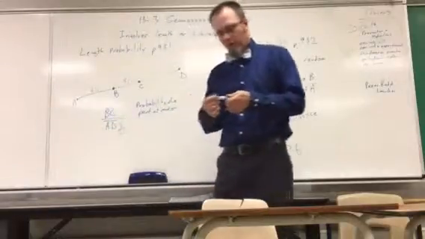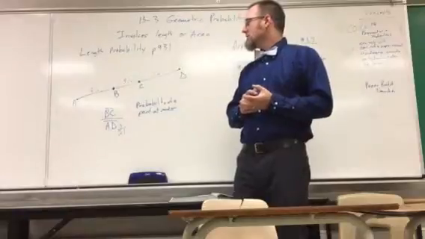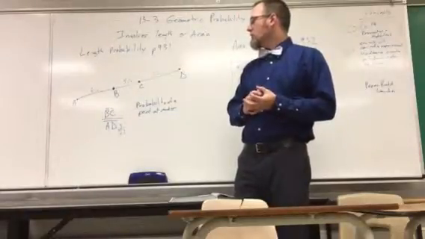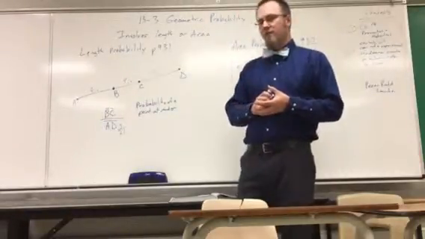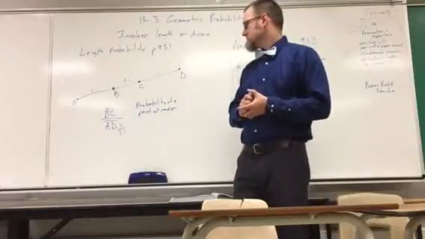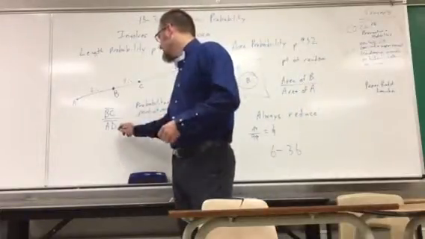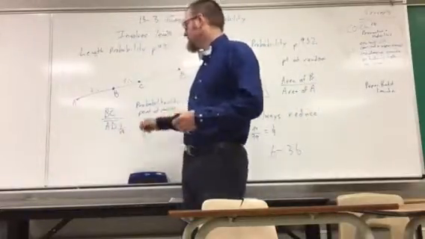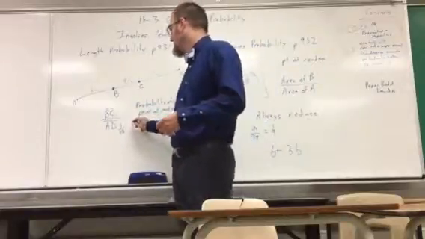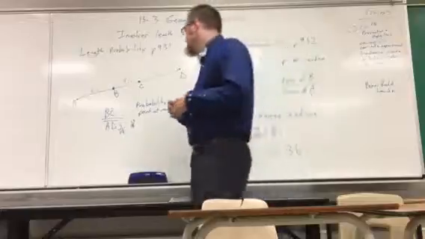Your probability would be 5 out of 18. Now the odds of it not being on BC would be all of the rest of it, the remainder, so 13 out of 18.